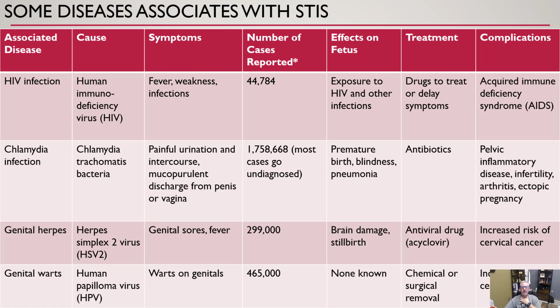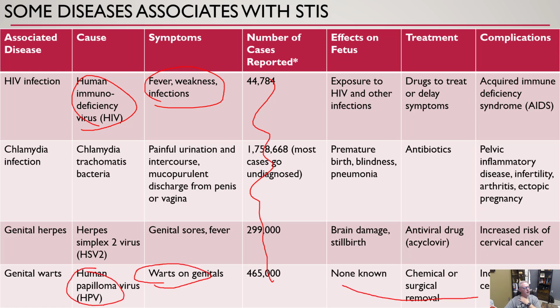With HIV, you will never have to know the number of cases reported. So, you're not going to have to know this column here, but you will have to know the signs and symptoms of HIV. You will have to know everything about genital warts, with the exception of number of cases reported.